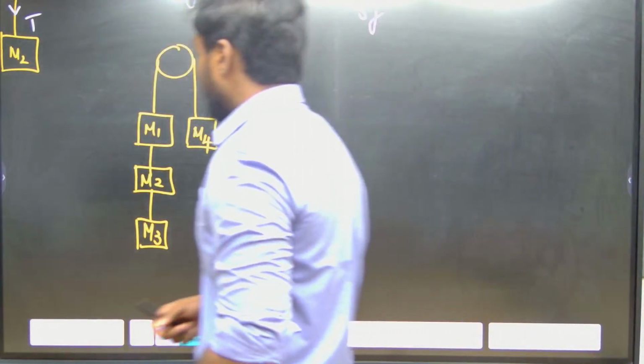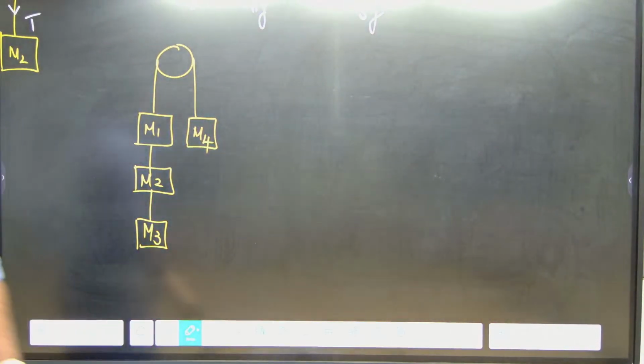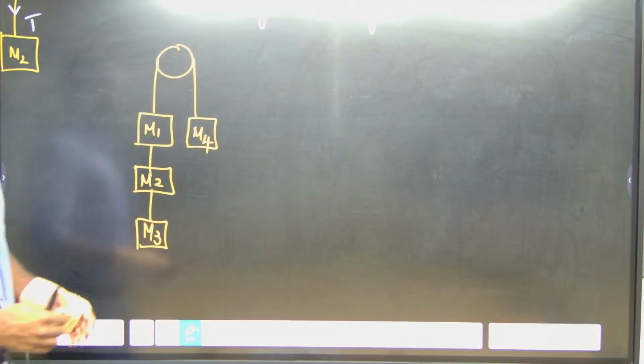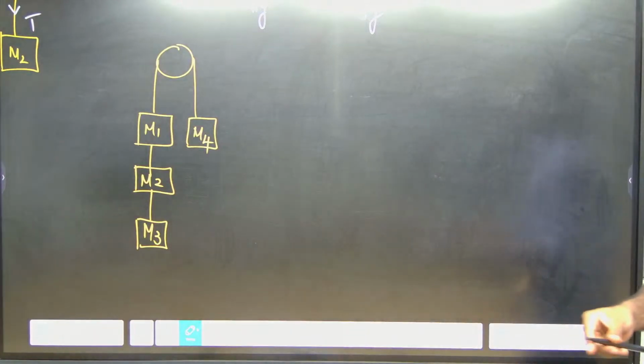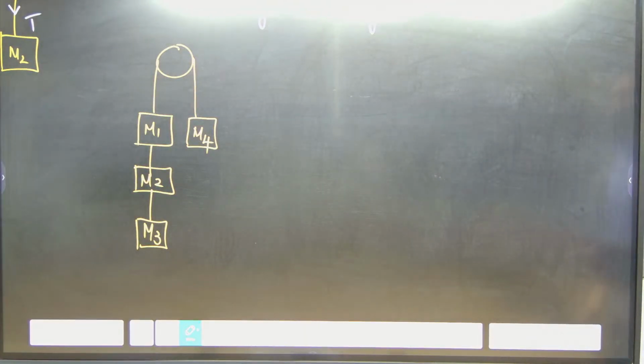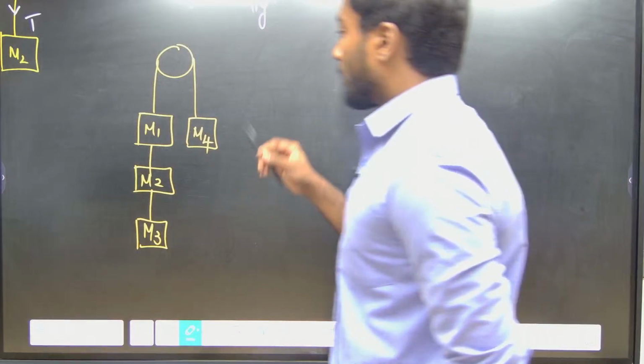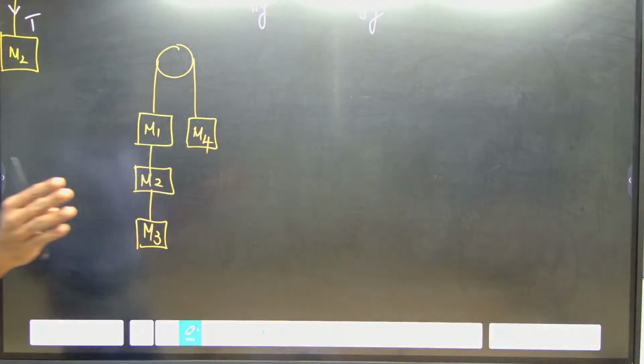How many ropes, how many different tensions do I need to consider here? Okay, fine. How many? 3, 4.